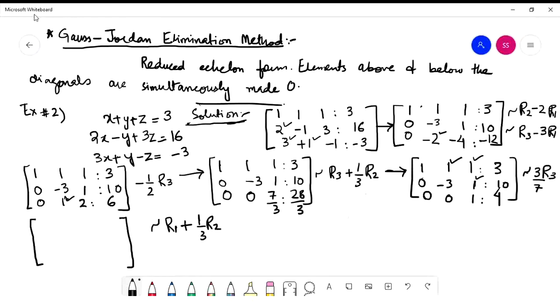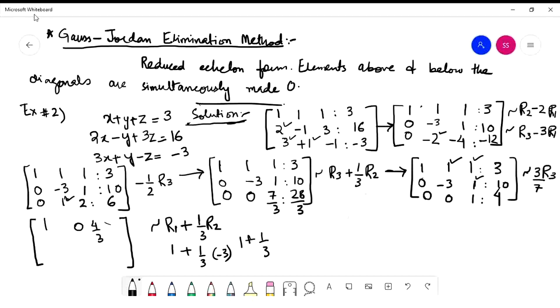So what it makes, in R1, 1 plus 0, and 1 minus 1 is 0. And the next step is 1 plus 1 by 3. That makes it 3 plus 1, 4 by 3.